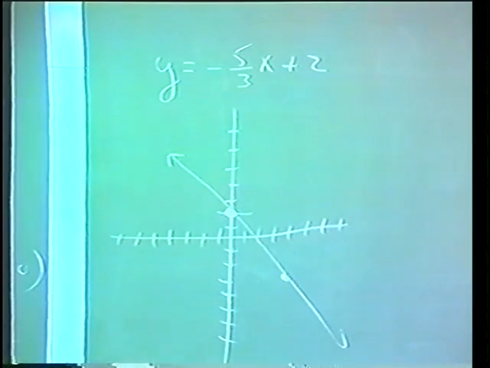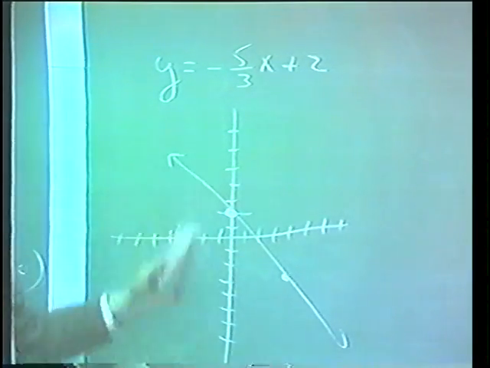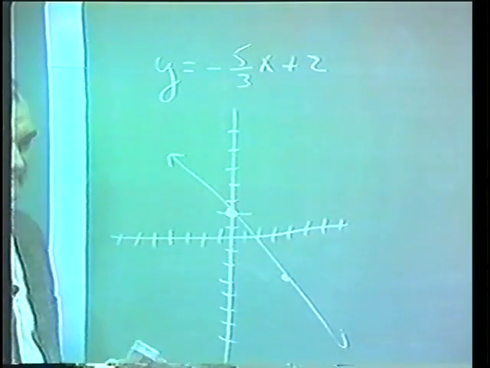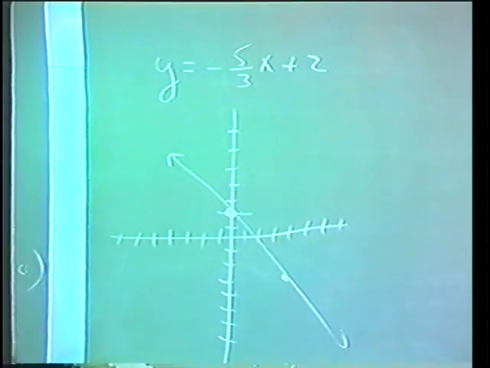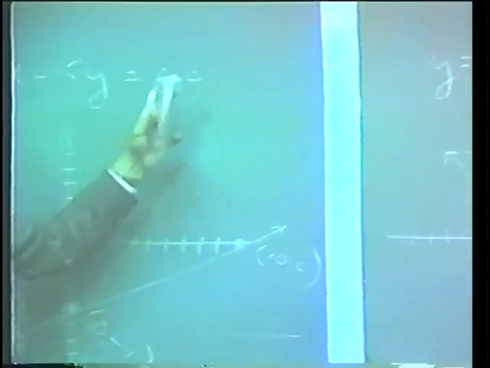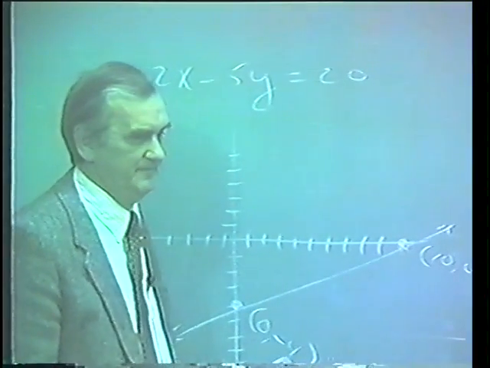So there are the 3 methods. Now the 3-point method and the slope-intercept method always work. The intercept method doesn't always work though. In order to use the intercept method, you have to have an x term, a y term, and a constant which is not 0.